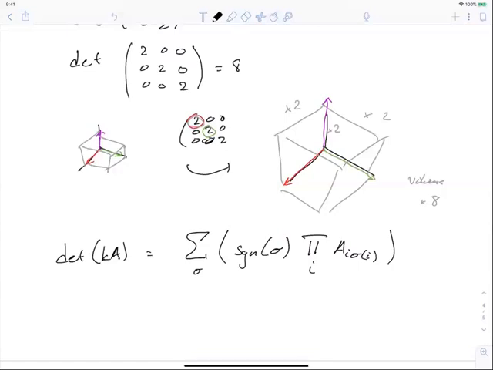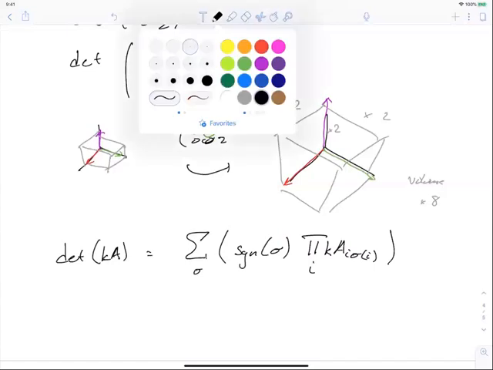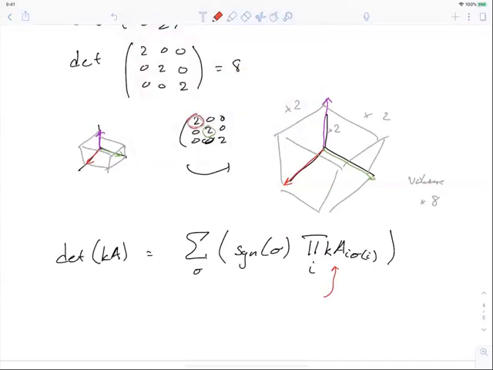But now this k is going to go right into here. So now for each pattern, we're going to multiply by k for each entry. So every entry itself is going to contribute an additional factor of k.